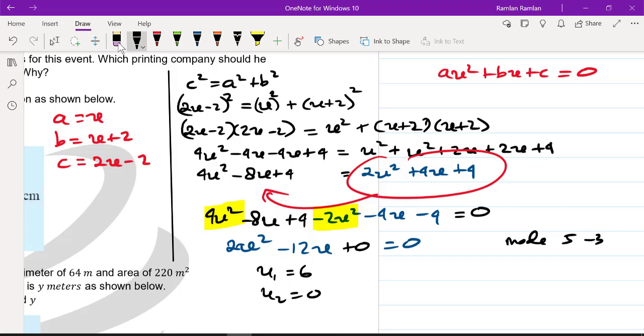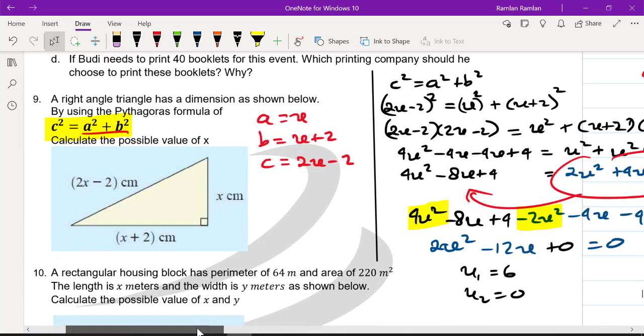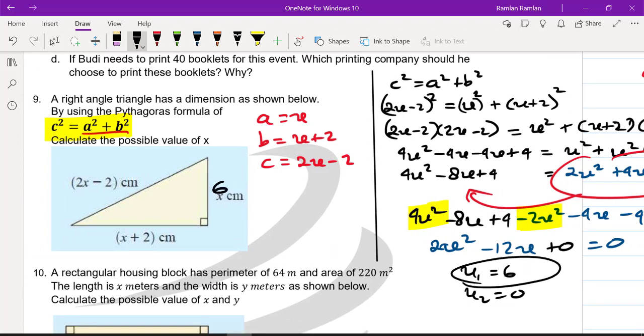So which of these two would you think is the possible value of x? For example, if you put the 6 here, this will be 6, right? Because 6 is the x, and if you put it here, 6 plus 2 is 8, and if you put it here, there'll be 2 times 6, which is 12. 12 minus 2 is equal to 10. So this is 10 centimeters, this is 6 centimeters, this is 8 centimeters, right?